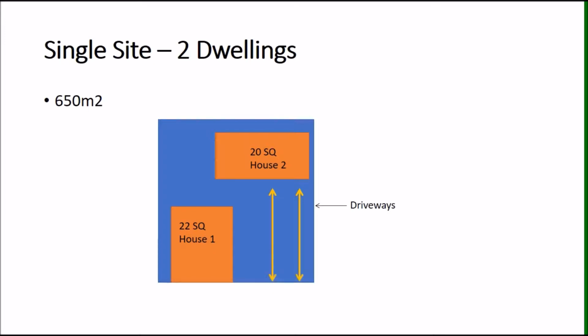Quite often councils don't want to see garages level with the house, so they prefer garages at the back. So house number 1 could actually have the garage at the back, and that could be a tandem garage with house number 2 as well. So it just depends on what council wants. Sure, and your town planner is the best one to advise you. Excellent.